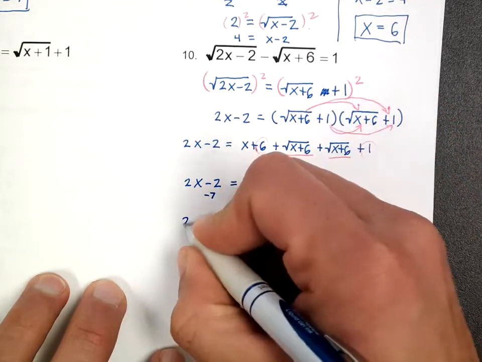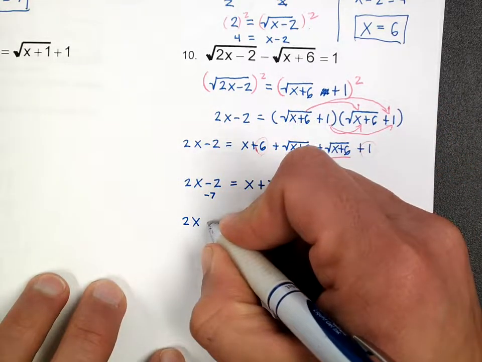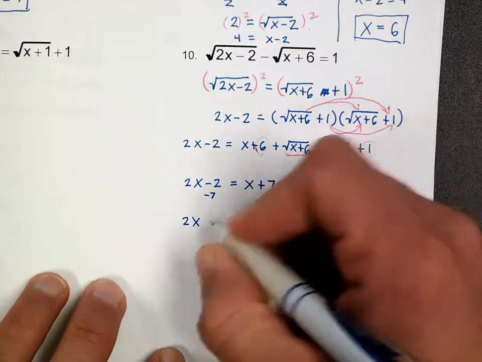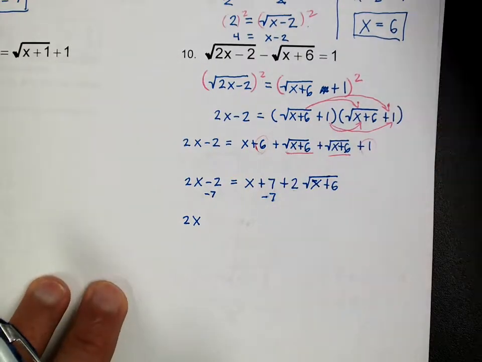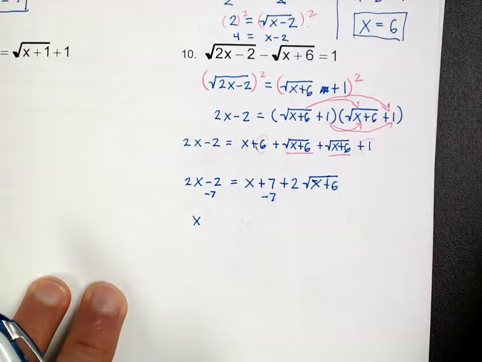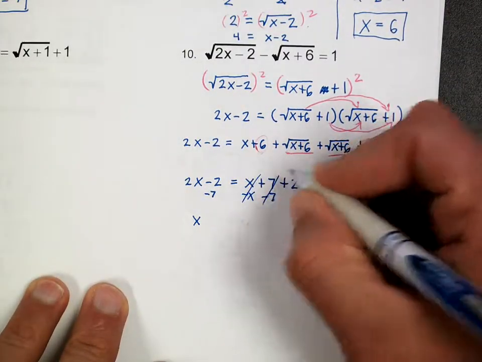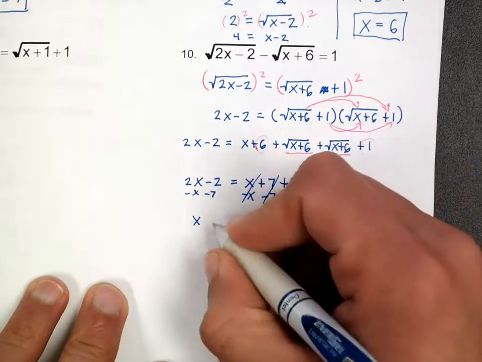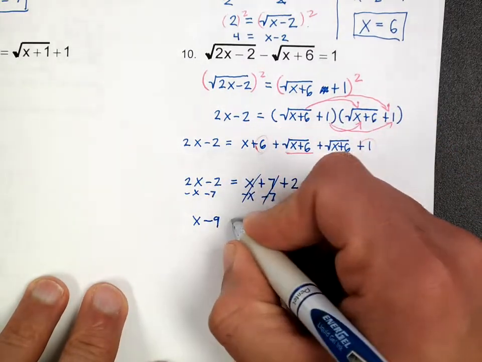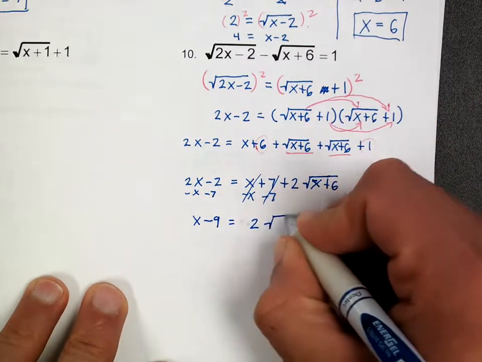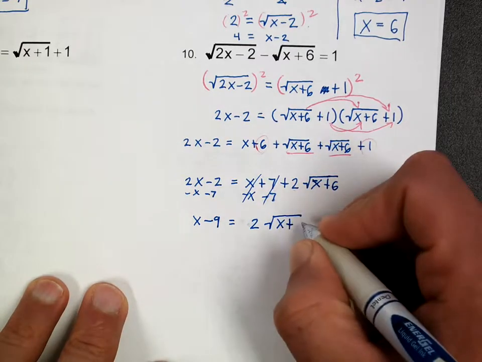So I get 2x. Should probably do it on the same step because that's going to cost me some room. I'm going to subtract that x too. So again, I want to isolate that radical. So get x minus 9 is equal to 2x plus 6.